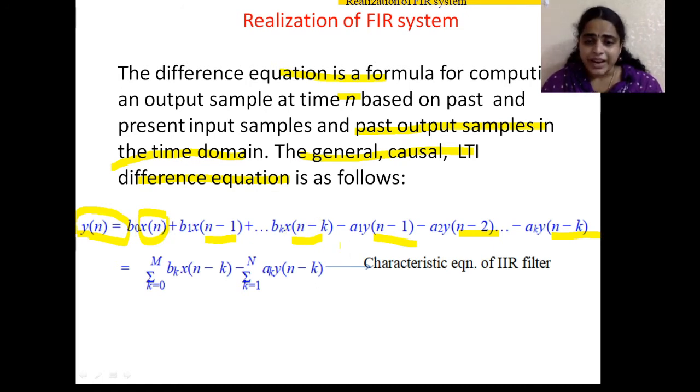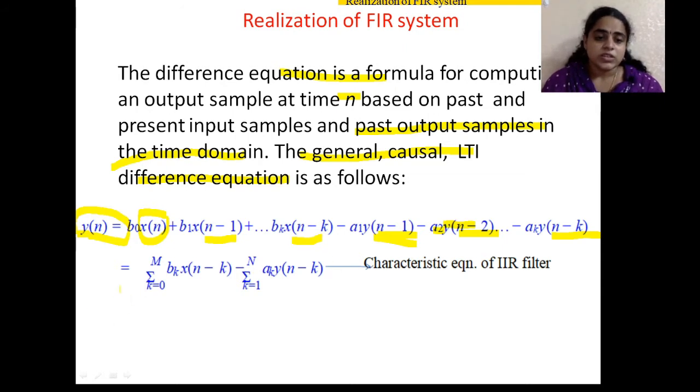Minus y of n minus 1, the past state output with its coefficient, minus the next past state output with its coefficient, like that it is defined. Present state output is equal to the sum of present state inputs and past state inputs minus past state outputs.